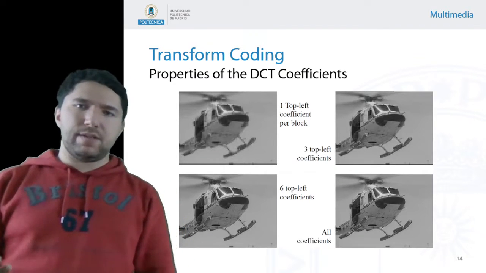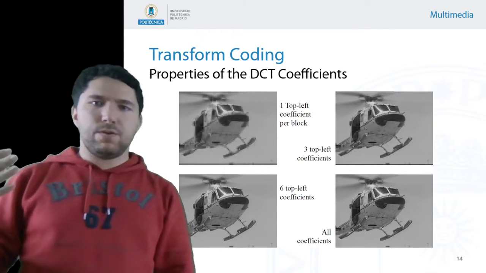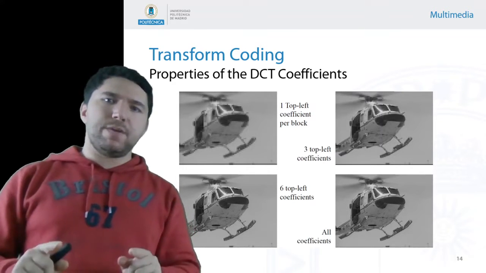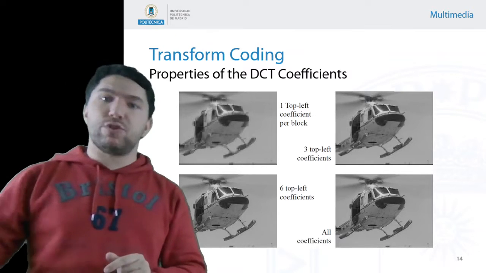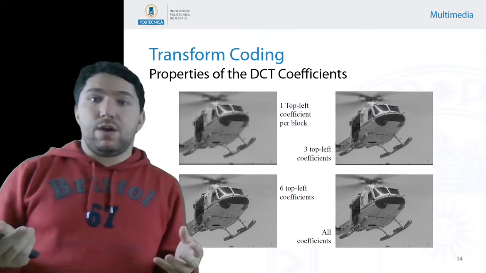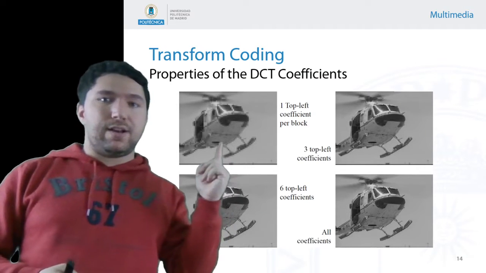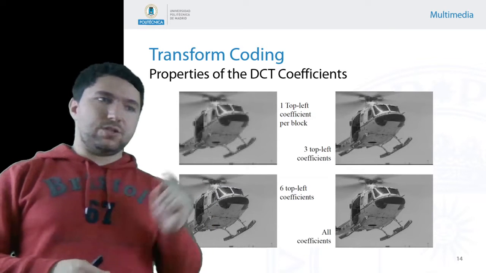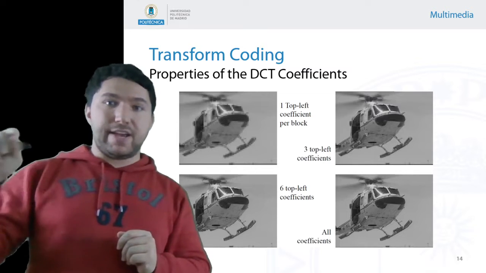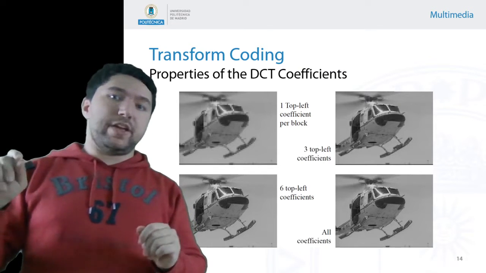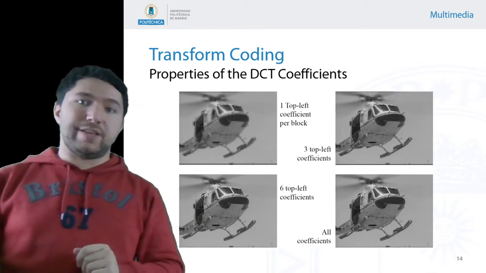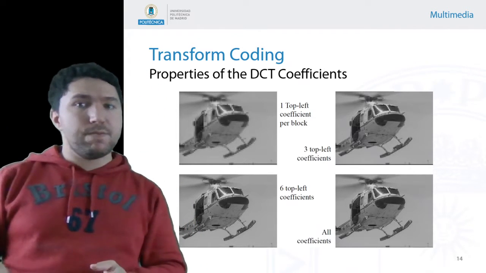So let's see what happens if I directly remove most of the terms that I have. Imagine that I only keep the DC coefficient, the most important coefficient. If for each 64 pixels I only keep one value, what I will have is something like this. You will see that this image is very blurred, because for each 8 by 8 pixel block I only keep one value, the mean value, and I fill all the positions in that block with the same value.